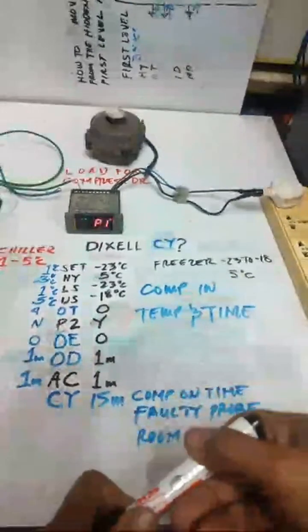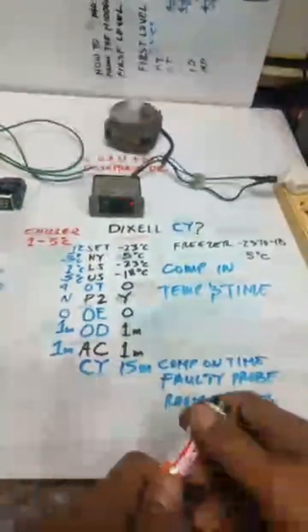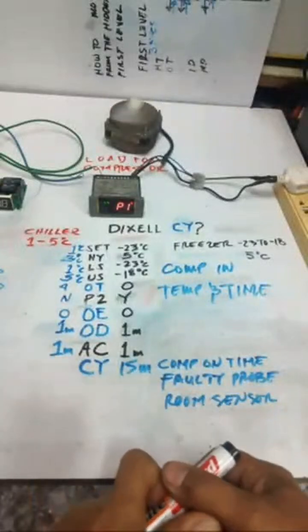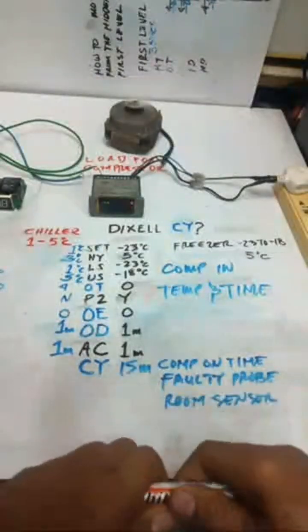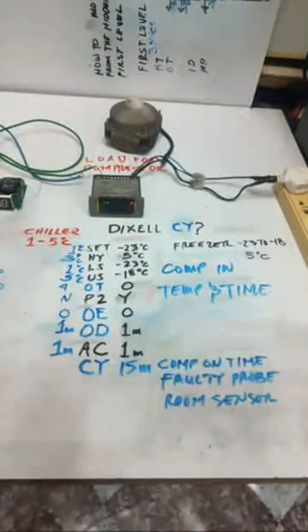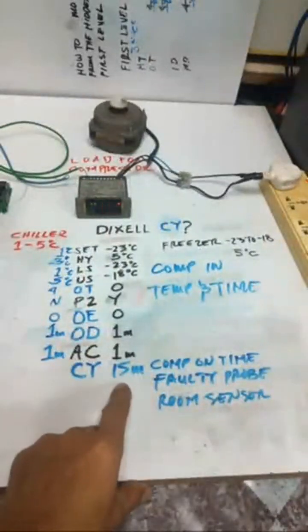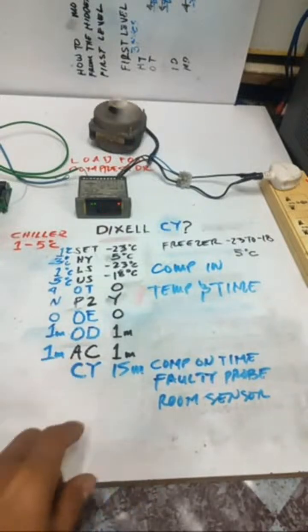I'm sorry for the English speaking people, please bear with me because mostly my views are from the Philippines, second is the US, third is India, together with Malaysia and Indonesia, so we need to speak Tagalog as well. Now, are we going to use the 15 minutes set by the manufacturer? For me, no.